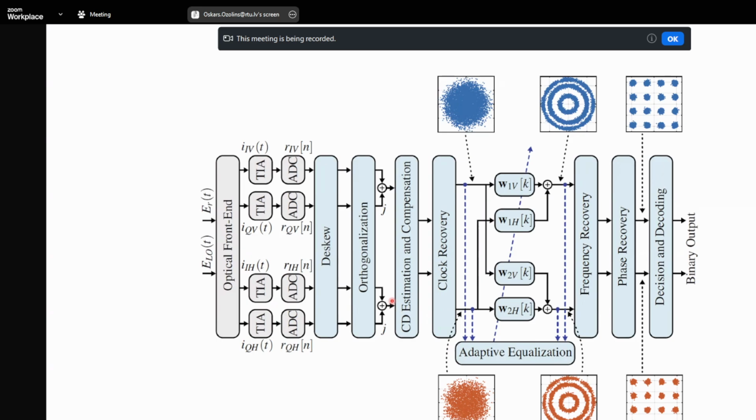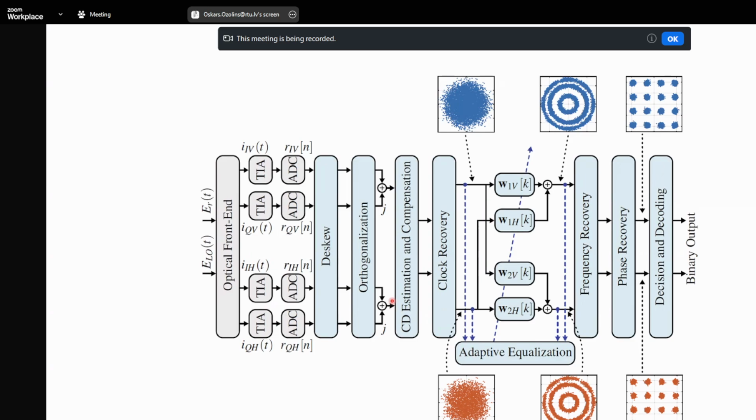This chromatic dispersion estimation and compensation can be done in different domains. Basically you apply filters and you can do this in time domain or in frequency domain, and there are different pros and cons.